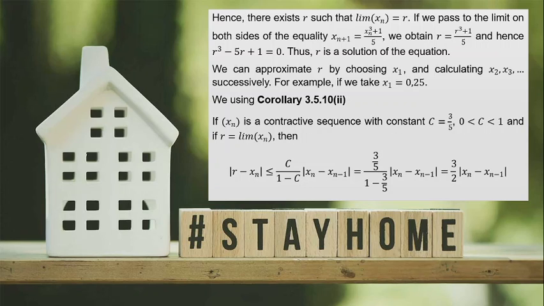And if r equals the limit of x_n, then we have the absolute value of r minus x_n is less than or equal to c over 1 minus c multiplied by the absolute value of x_n minus x_{n-1}. We have c equals 3/5, so (3/5)/(1 - 3/5) gives us 3/2. So the result is 3/2 times the absolute value of x_n minus x_{n-1}.